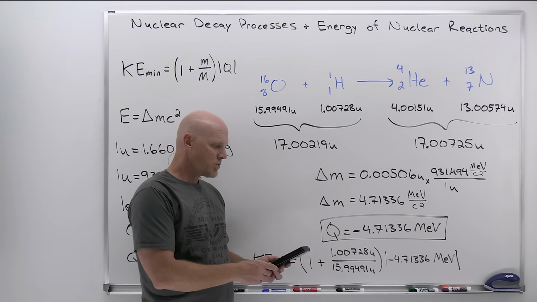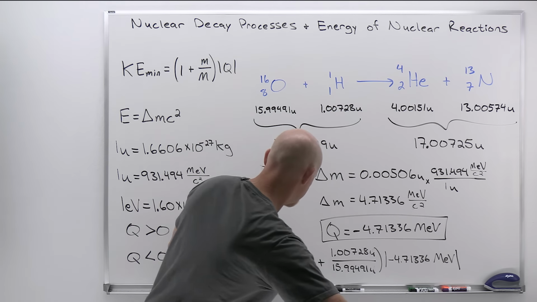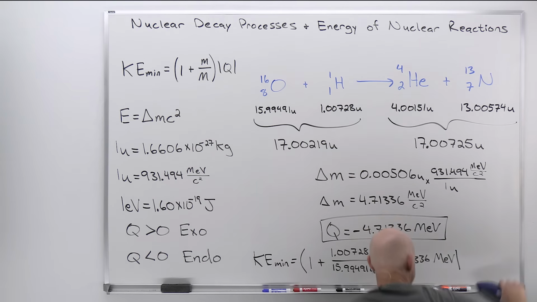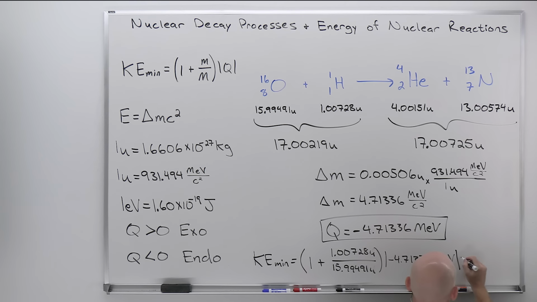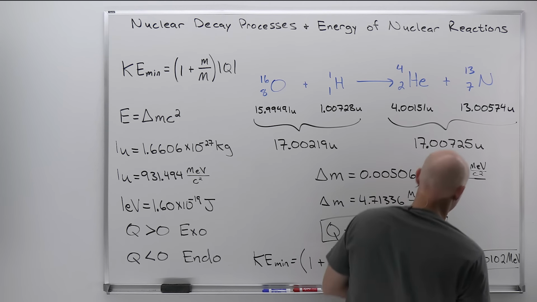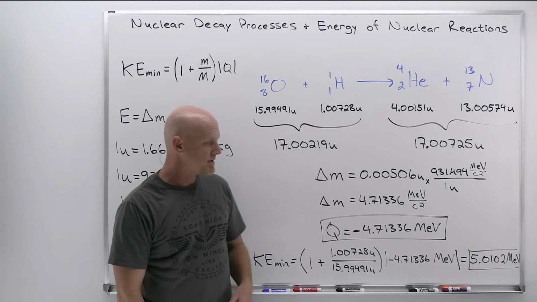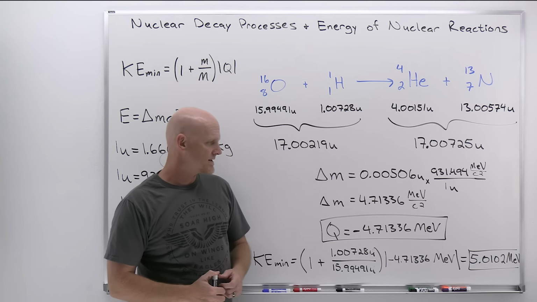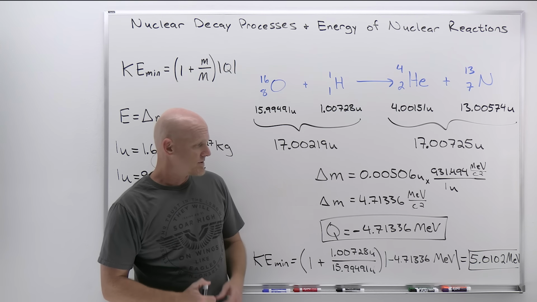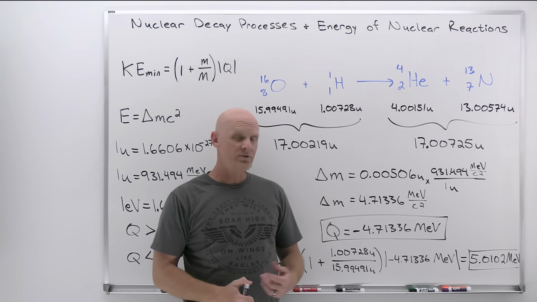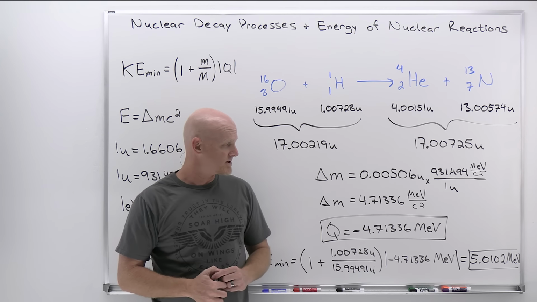Now we get 5.0102, so I'll round it to, mega electron volts. And notice that is indeed just a little bit bigger than the 4.7 we might have thought would be the right answer. The 4.7 mega electron volts was the right answer without factoring in that we need momentum to be conserved.